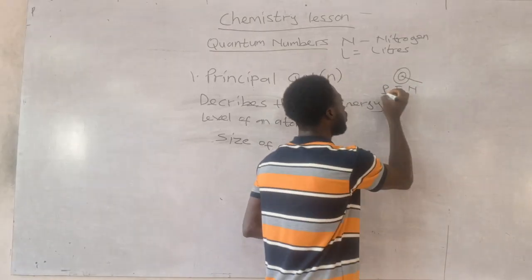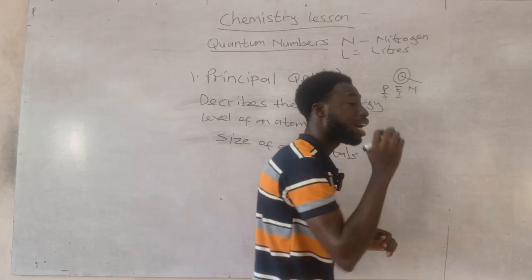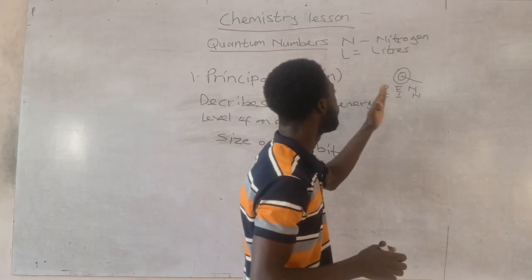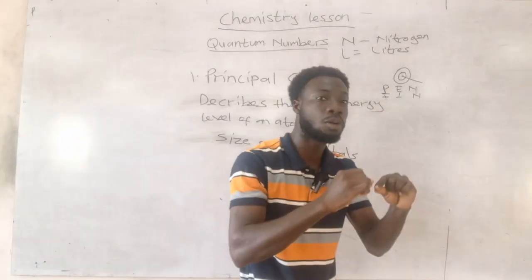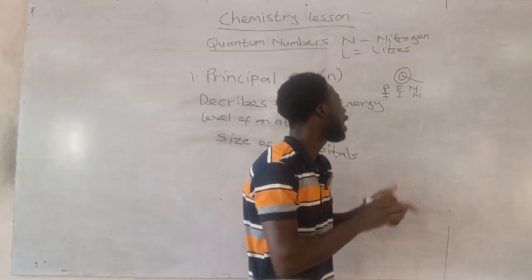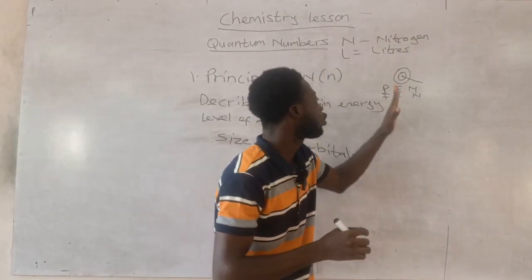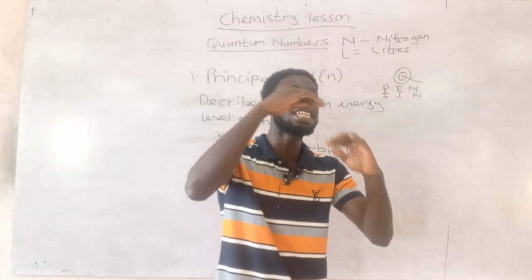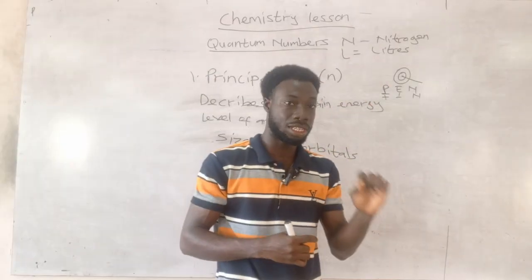The proton is the positive charge, the electron is the negative charge, but the neutron is neutral. The protons and the neutrons are found in the nucleus of an atom, but the electrons are found in the shells. So the electrons are found in the orbitals, and the orbital is the region in space in which electrons are likely to be found.